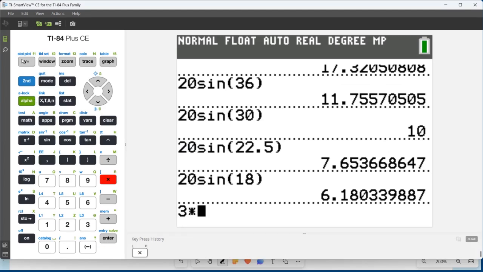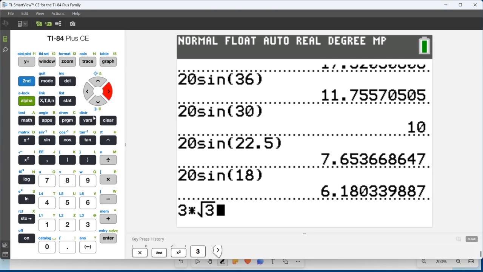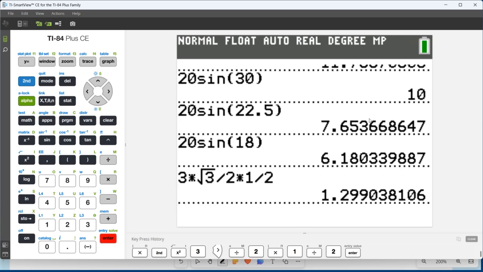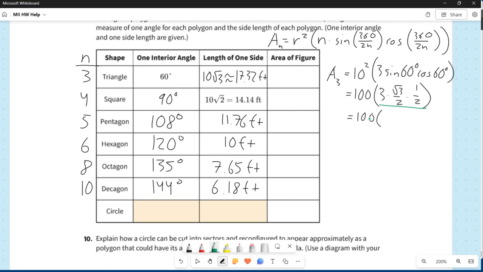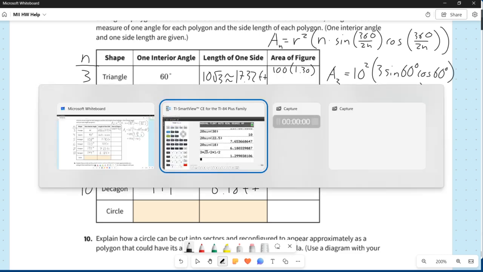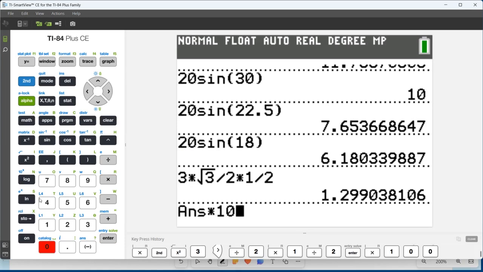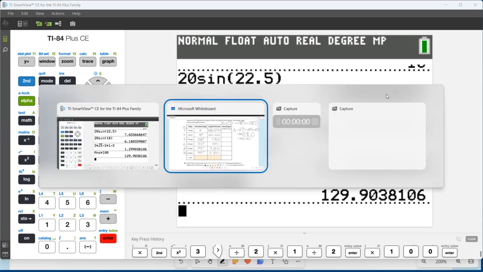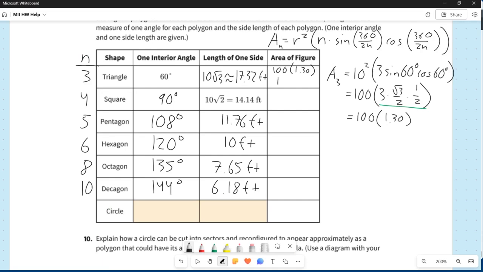We get a decimal of about 1.30. So I'm going to write 100 times 1.30, and just to make sure that I'm rounding correctly, we multiply that by 100 and end up getting 129.90. All right. And this is feet squared.